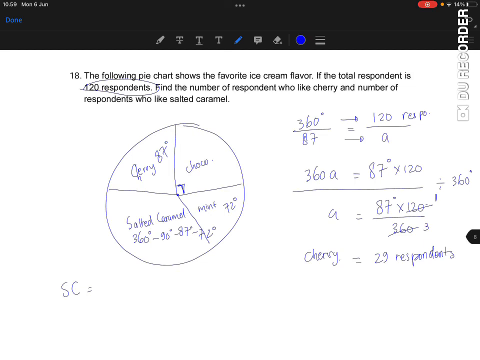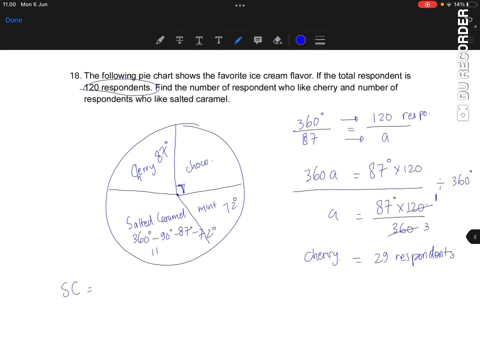Maybe I'm going to make it into 71. I just take the random number guys. Oh, sorry guys. We don't need to make it into 71. Just leave it as 72. Right, so we have 111 degree.